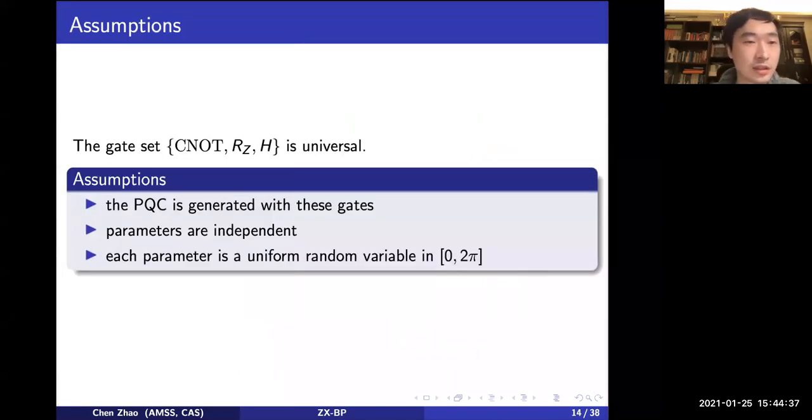So let's first make some assumptions: we only consider the parameterized quantum circuit generated with the CNOT gate, rotation Z, and Hadamard gate, because these gates are universal, and we assume that all the parameters are independent, and each parameter is a uniform random variable in the interval 0 to 2 pi.